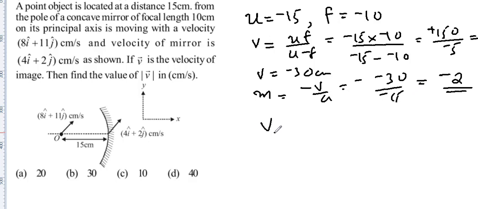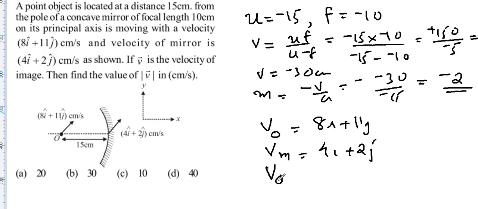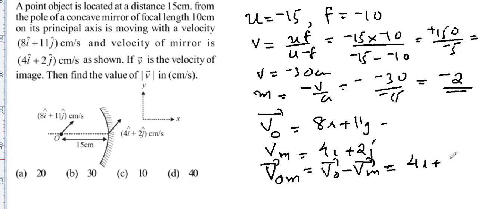What is the velocity of the object? Velocity of the object is 8i plus 11j. What is the velocity of the mirror? Velocity of the mirror is 4i plus 2j. What is the velocity of the object with respect to the mirror? All are vectors, okay? It equals v object minus v mirror, which gives 8 minus 4, 4i, and 11 minus 2, 9j.